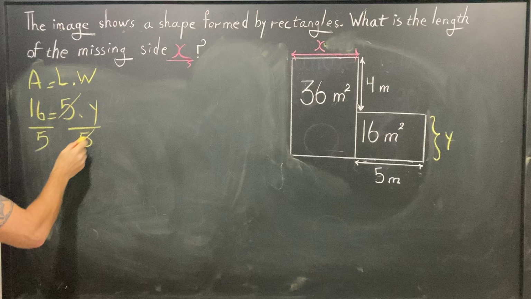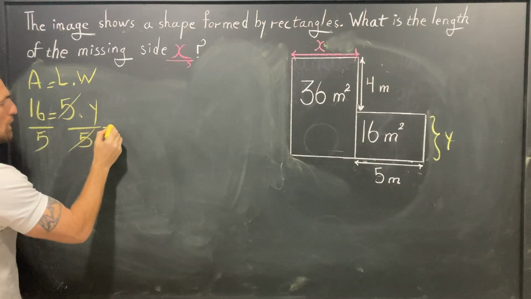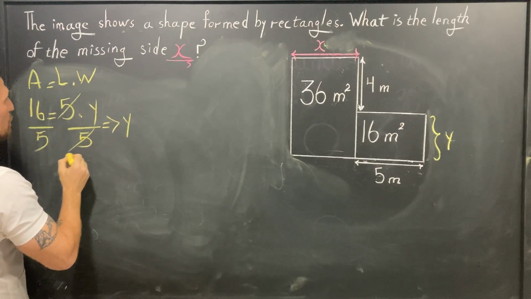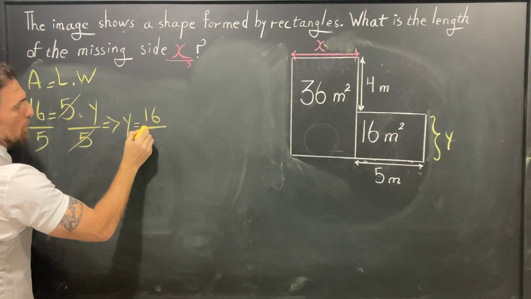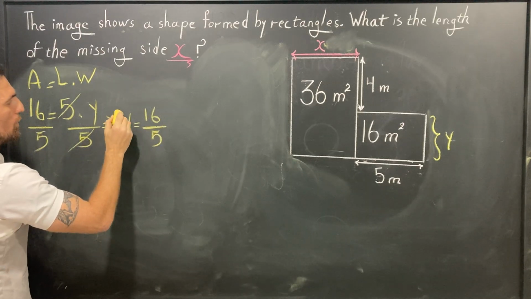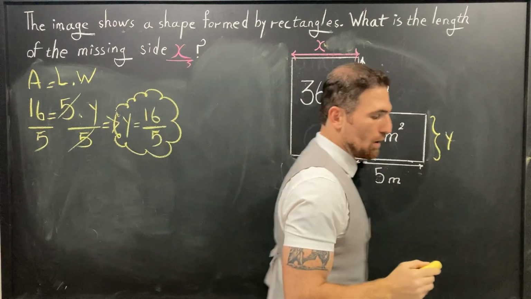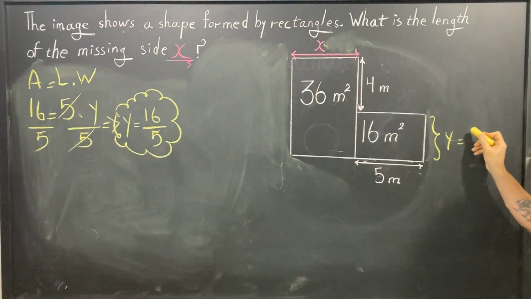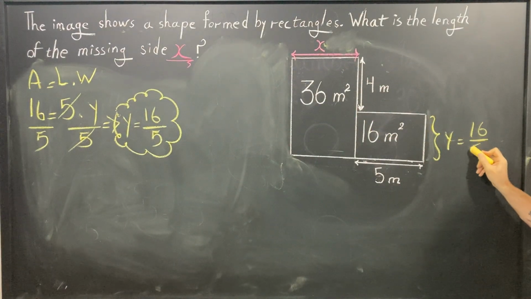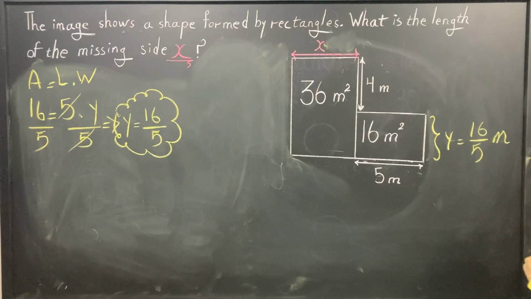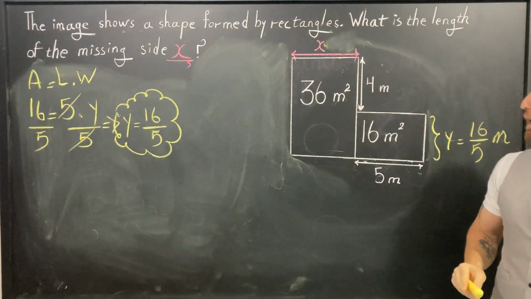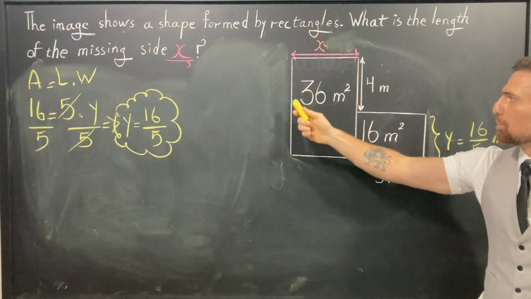This 5 cancels off. So y is going to be 16 divided by 5. Let me write the value of y here. 16 over 5 meter.